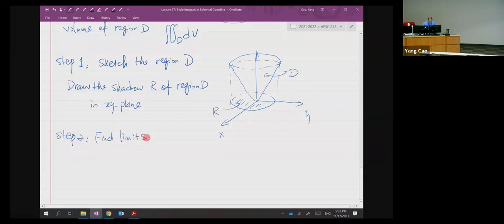So bear in mind, the approach is basically the same: we're going to scan through the region D. How do we scan it? We're actually scanning in the direction of the coordinate axes.